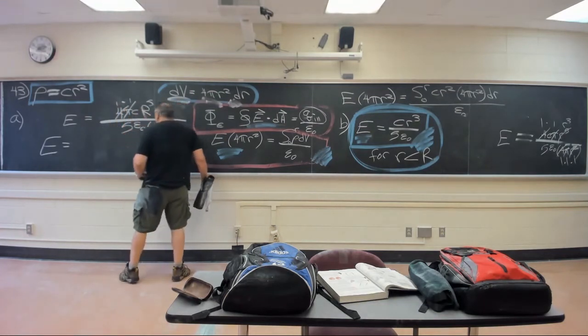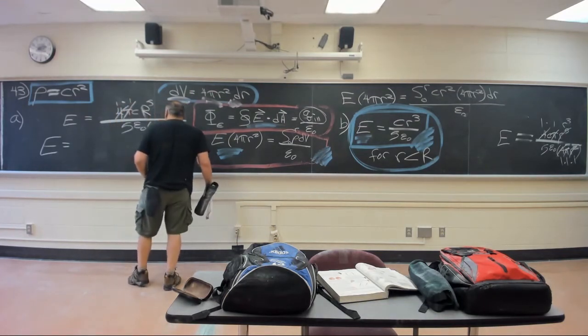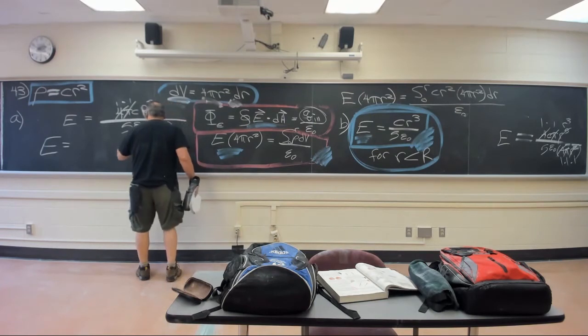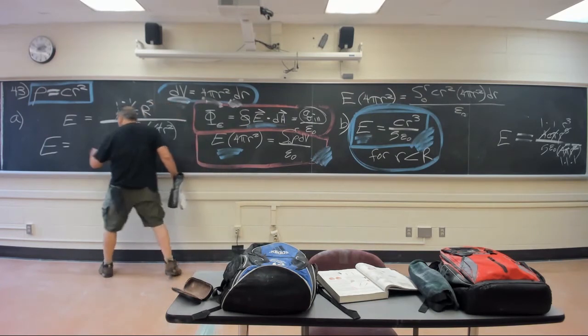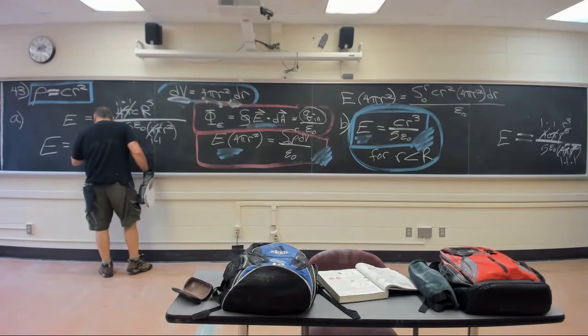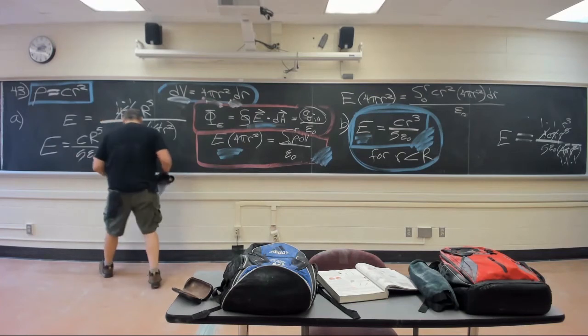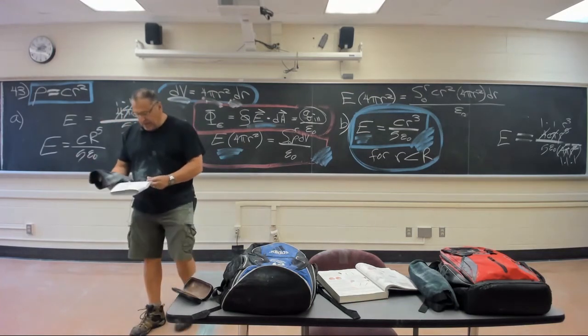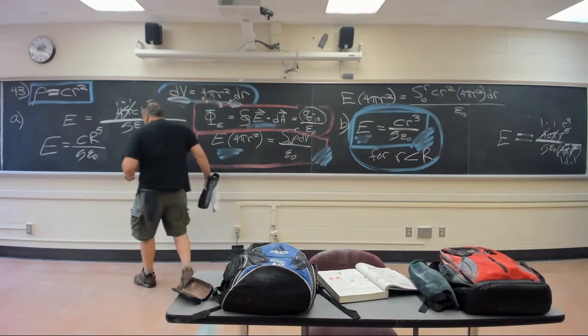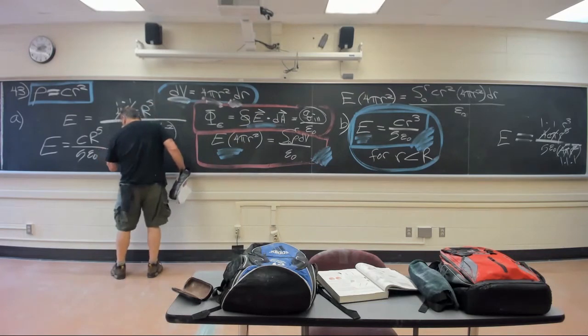And there you get C R to the 5th over 5 epsilon naught, these are all constants, times, see how I wrote that, yeah, 1 over r squared. On the bottom, 5 epsilon naught times r squared.